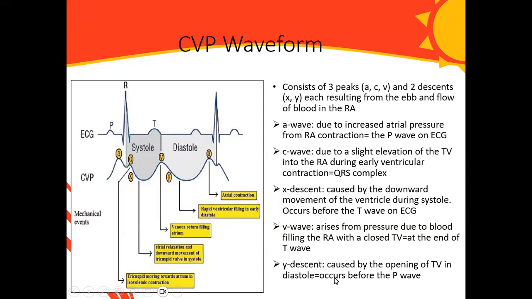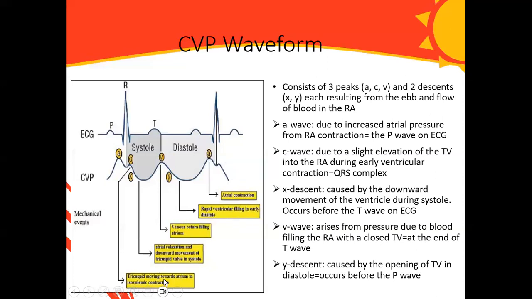The Y descent is caused by the opening of the tricuspid valve in diastole, and this occurs before the next P wave. So these are very important pieces of information that you can get from your CVP waveform, especially if it's transduced. The A wave is the atrial contraction, which corresponds to the P wave on the ECG, all right?